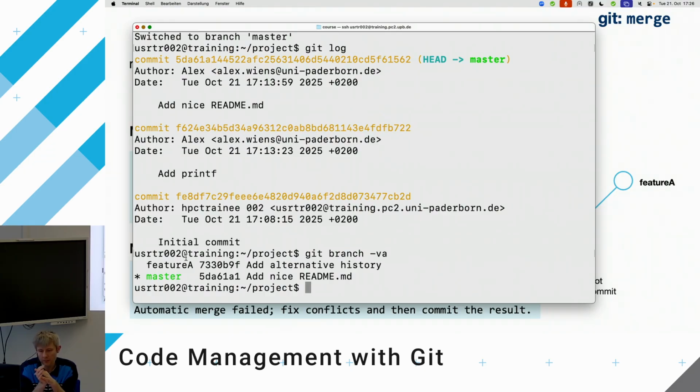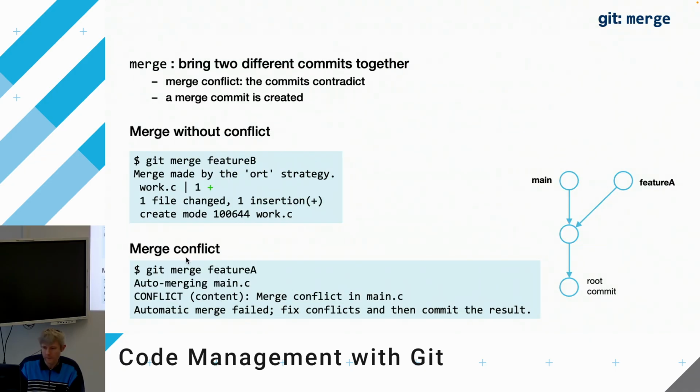Now let's assume that we want to combine this work. For example, the feature is ready for combining it in our stable version. Then we can do a merge. And a merge is basically combining two branches into a new commit.